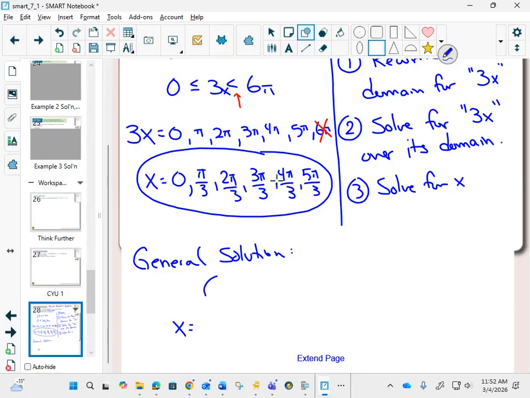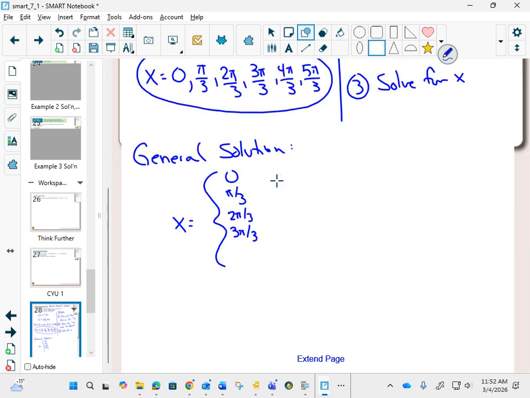And then for the general solution, you can take each of your answers. I know this is a little annoying to write them all again, but what would math class be without being a little bit annoyed?